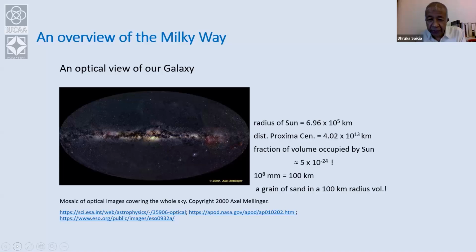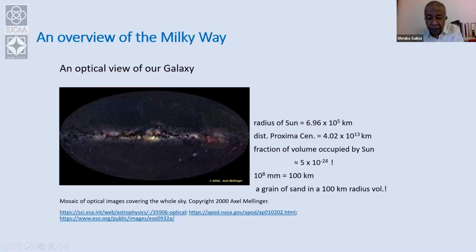To get a physical intuition about what this number means, you can take 100 kilometers. If you change it to millimeters, you'll get about 10 to the power of 8 millimeters. 10 to the power of 3 will come from meters, then 10 to the power of 5 for the 100 kilometers gives centimeters, then 7, then you'll get millimeters.